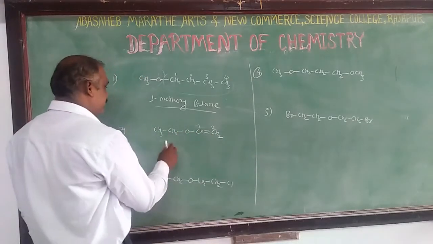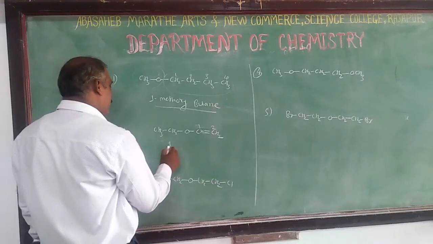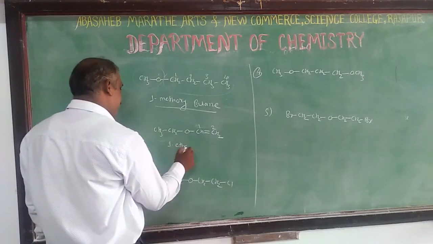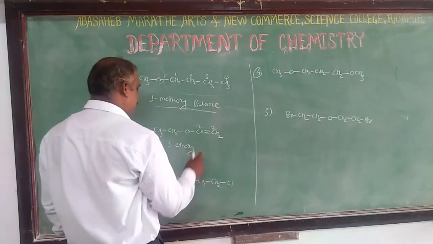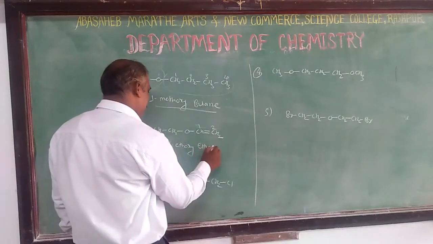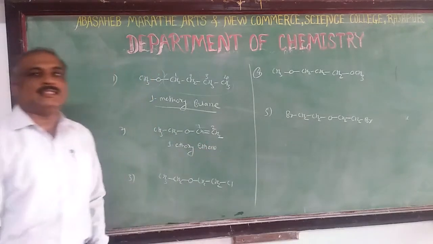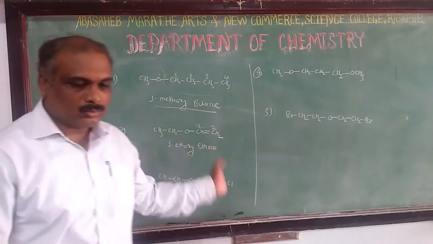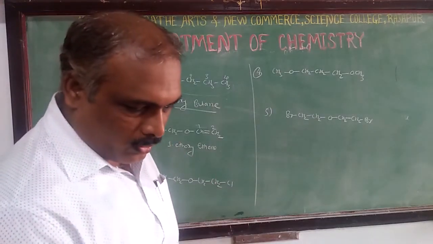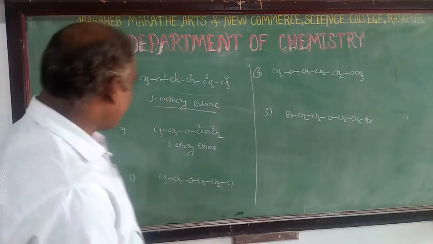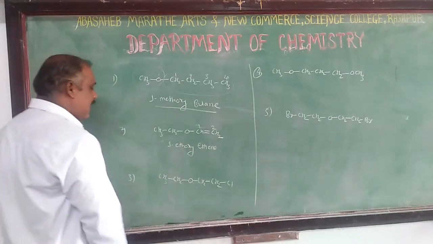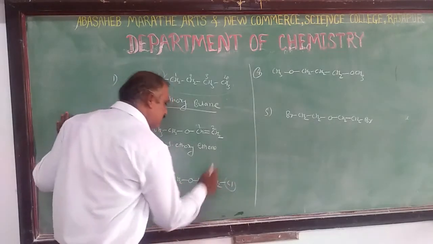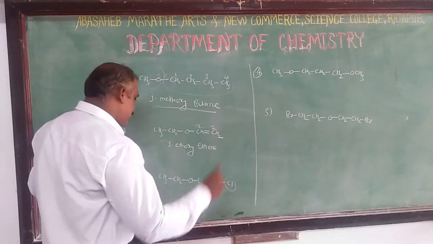So, what is the name? 1-ethoxyethene. It is the name of those ethers, ethoxy ethene.